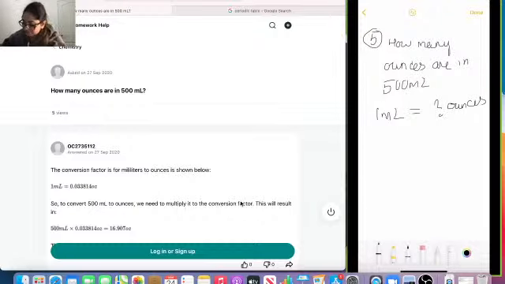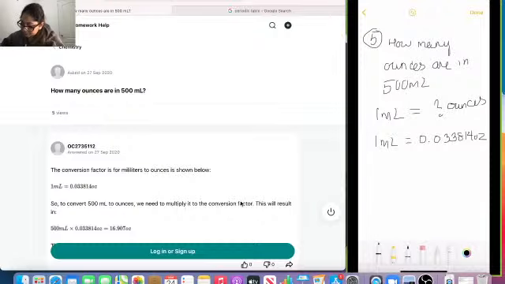And so to do that, there's a basic conversion, which is actually given. 1 milliliter is basically equal to 0.033814 ounces. This is found scientifically, and is just known for ounces. OZ stands for ounces, the scientific unit.